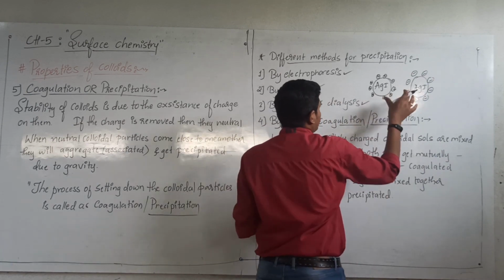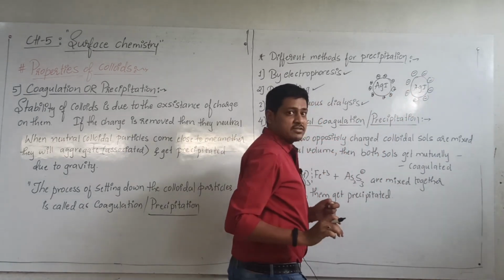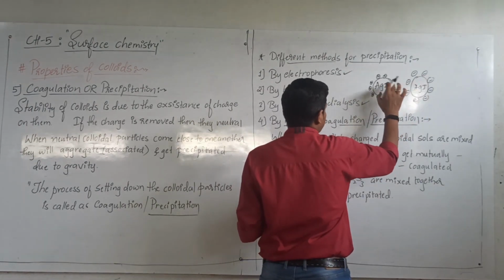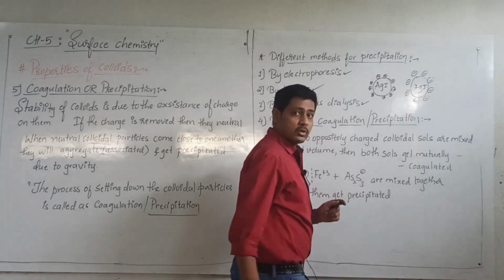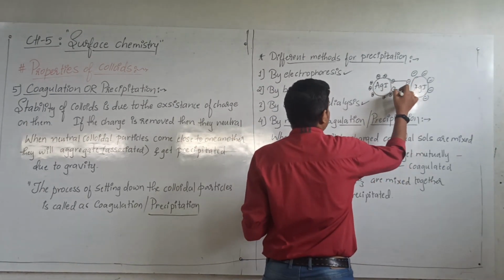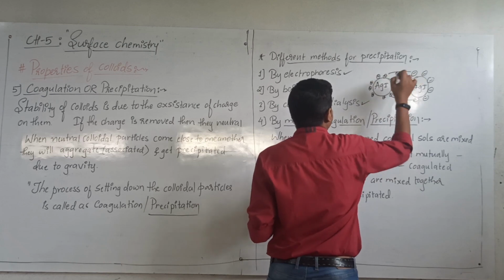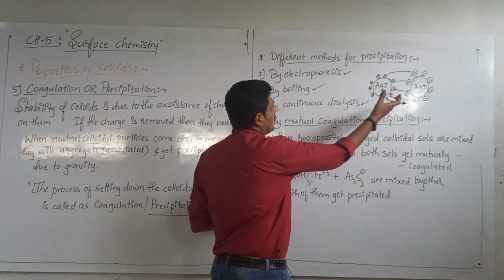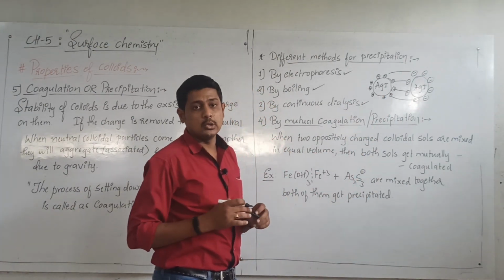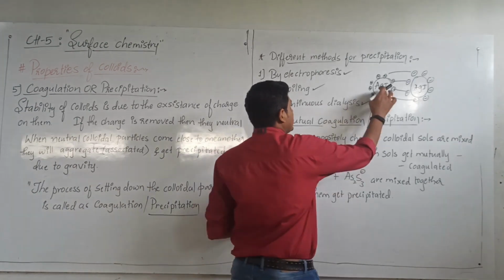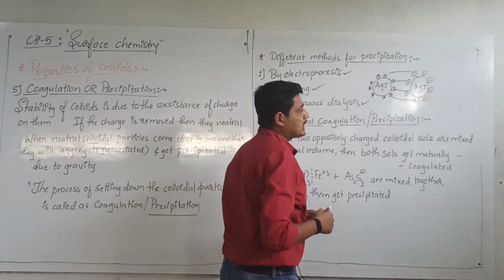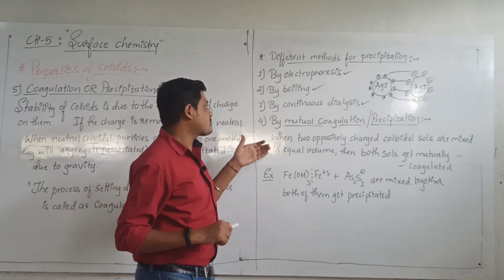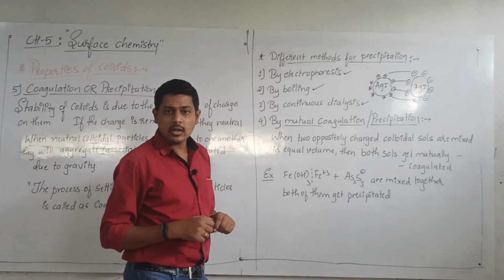So when I mix silver iodide of positive charge and silver iodide of negative charge in equal volume, both of them will attract together, and the adsorbed ions will get combined, and again the colloidal particles will lose their charge. These two silver iodides will get associated and precipitated. So this method is called mutual coagulation or precipitation.